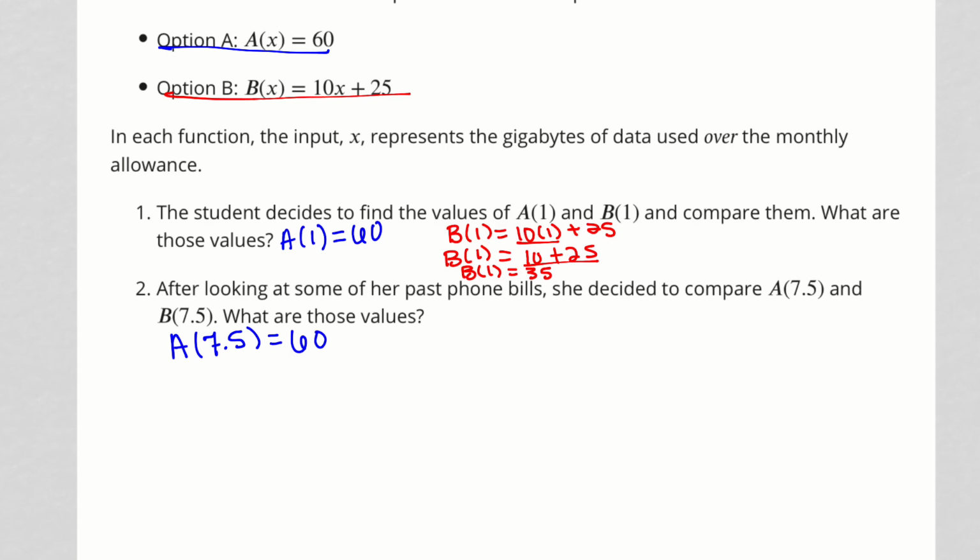Then we have B of 7.5 equals 10 times 7.5 plus 25. Okay? 10 times 7.5, we're just going to move that decimal point over once. So we're going to get 75 plus 25. 75 plus 25 is 100.